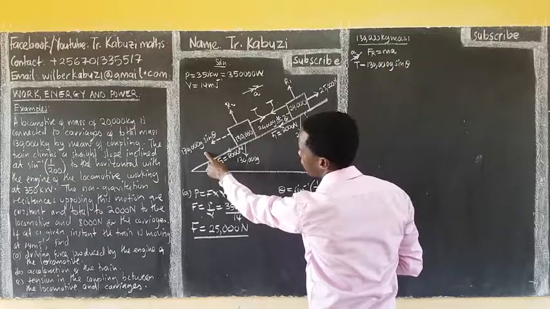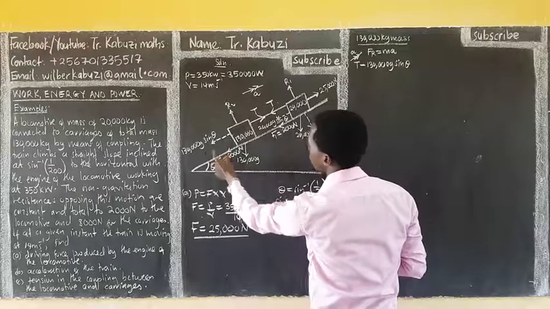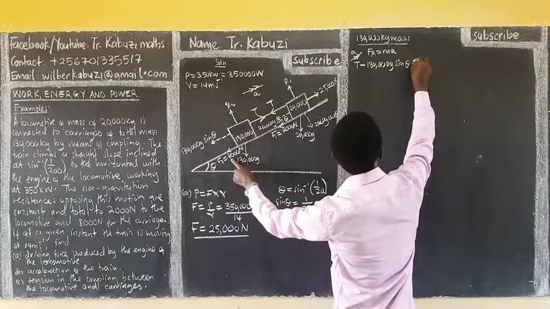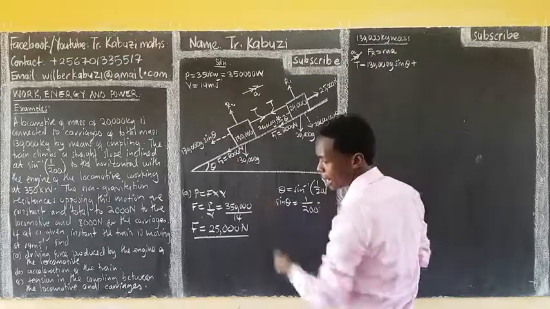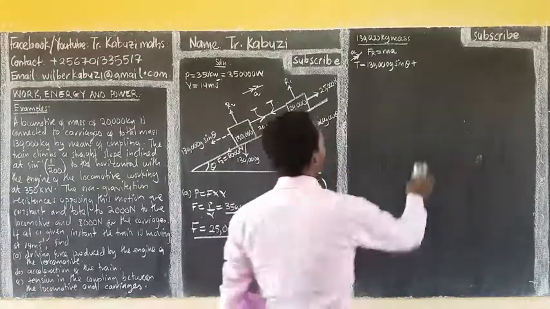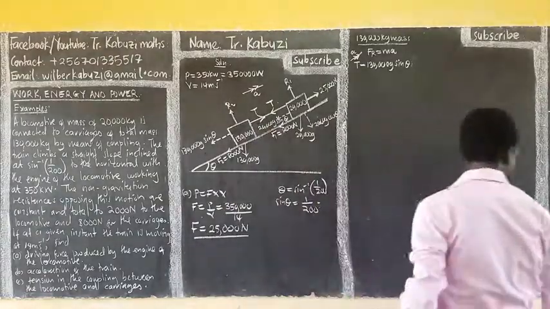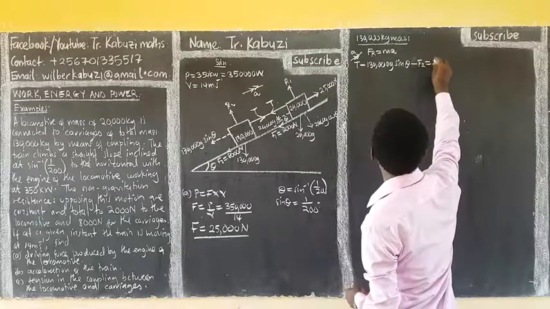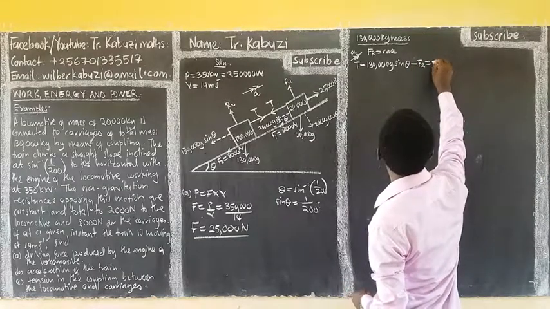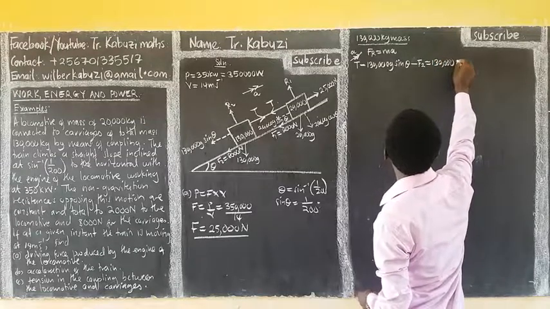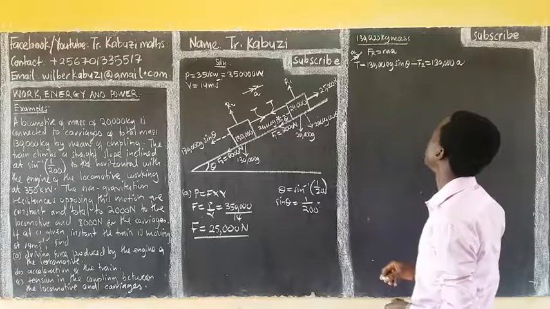We also have this F2, so minus F2, because it's also acting against that. So minus F2 equals m a, where the mass is 130,000 times the acceleration we are looking for.